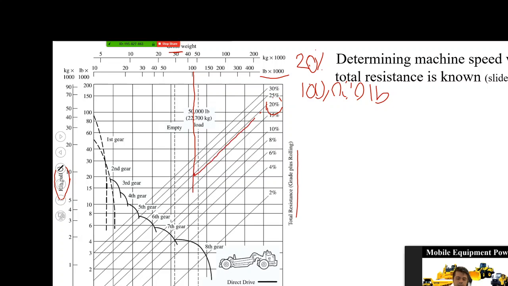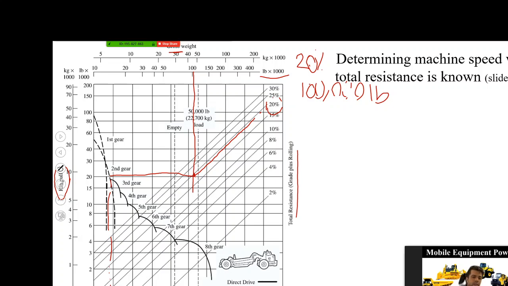Then you would go to the left and draw another horizontal line, and find the corresponding gear. From there, if you go down, you would find the speed. So it would be close to 5 miles per hour in this specific example.